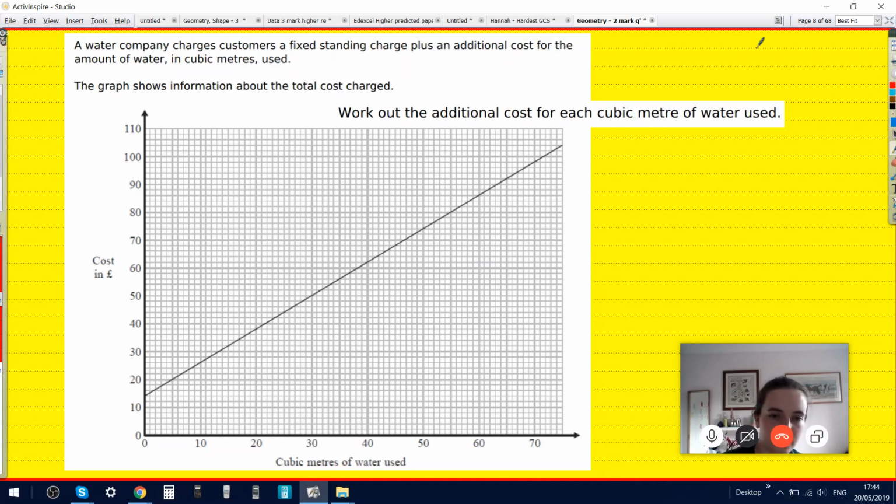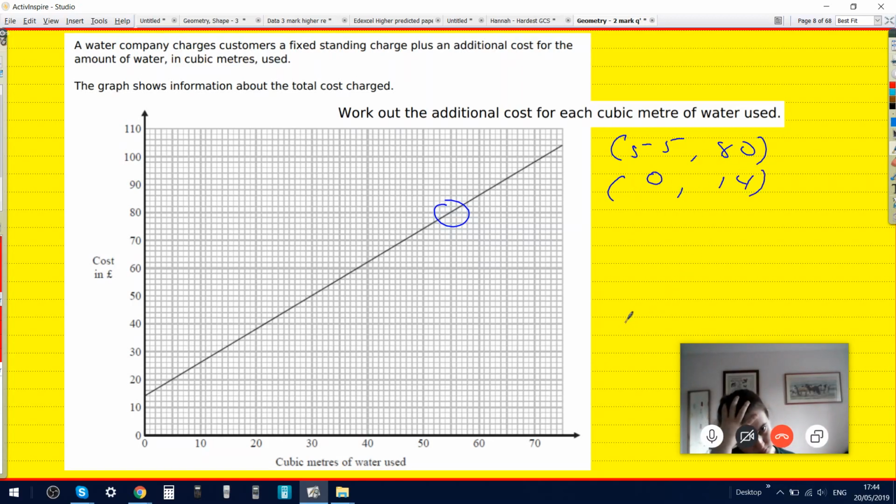You just find a bit where it meets the axis at a nice place, and then calculate it. The number on the x-axis divided by the y-axis. So basically gradient? Yes, that's what you do.